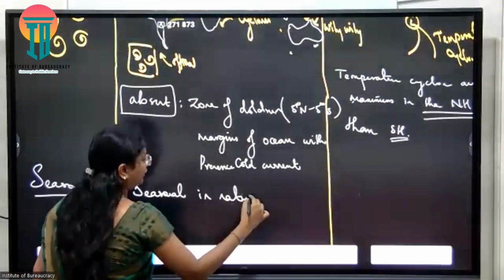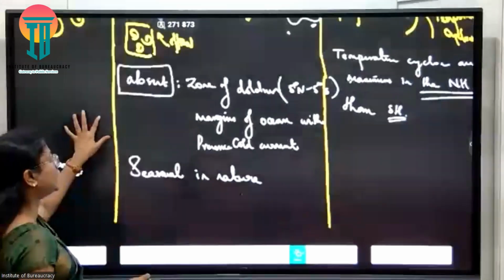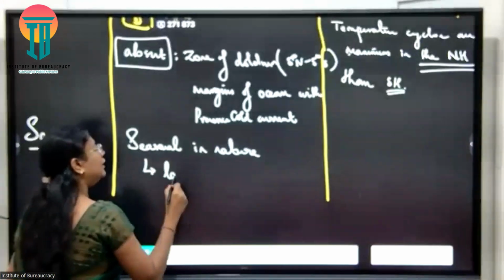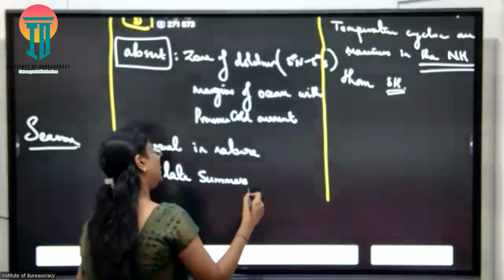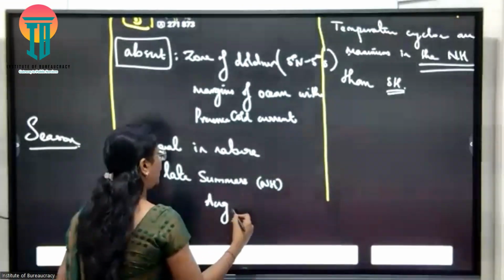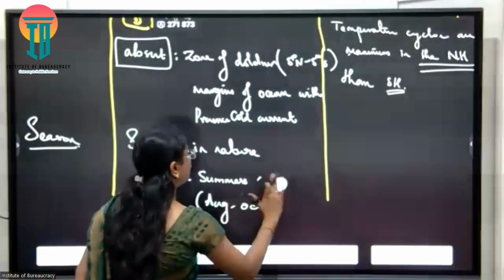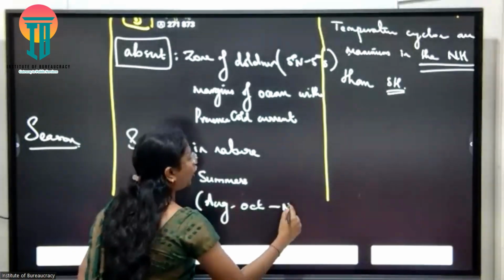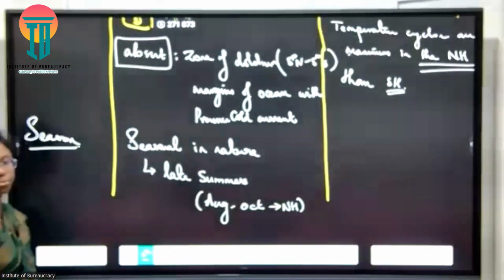If you write this, what is the meaning? They do not occur throughout the year. There will not be cyclones throughout the year. In which period do they often occur? During late summers, normally late summers, especially in the months of August to October in case of the northern hemisphere. When it is northern hemisphere summer, it is southern hemisphere winter.